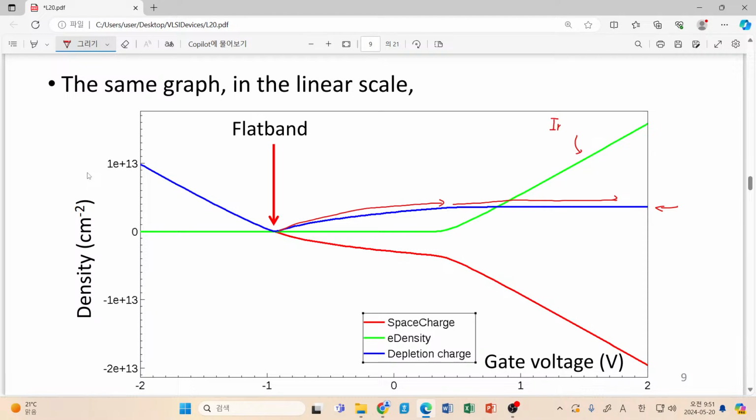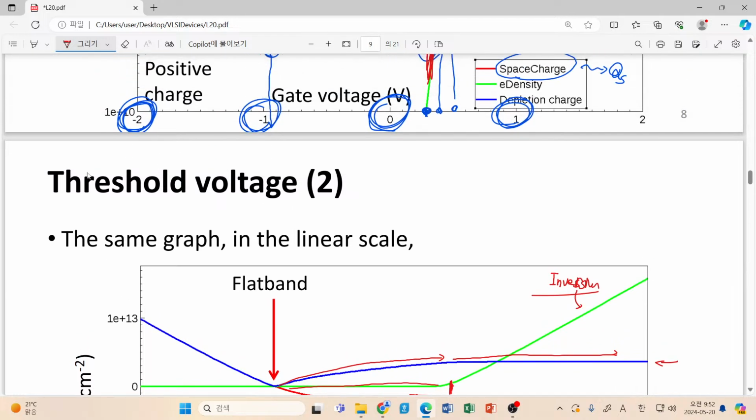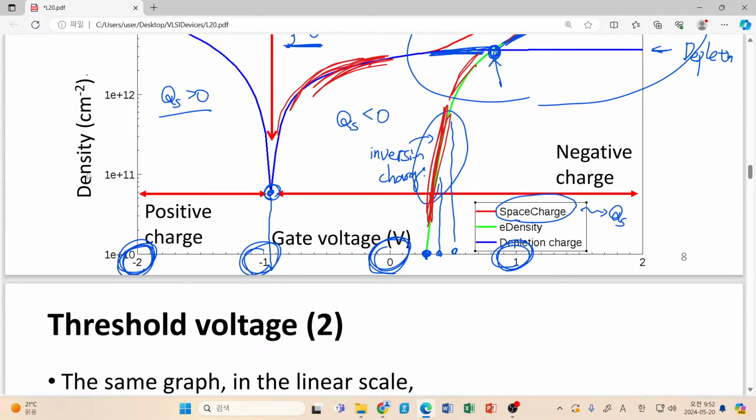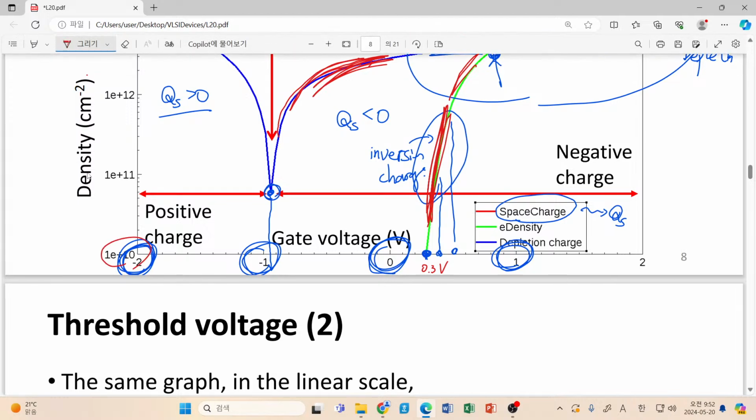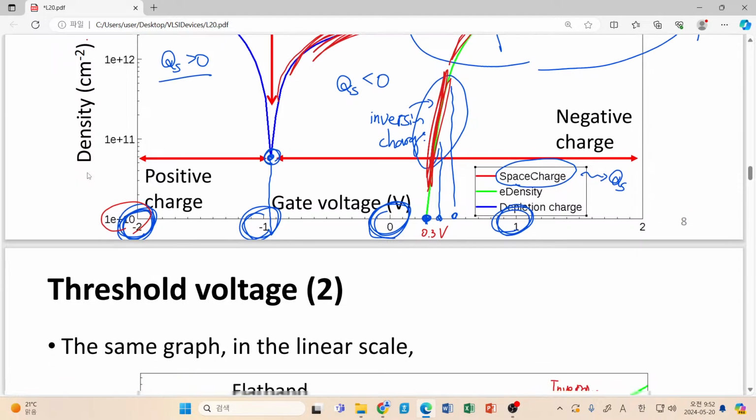This green line is the contribution from our inversion charge, so electrons, and beyond a certain level, for example, beyond this voltage, how many electrons are there? Actually it is quite negligible. Of course, if we ask for the exact value, please have a look at this value. For example, in the 0.3 volt case, maybe we have 10 to the 10 per square centimeter.